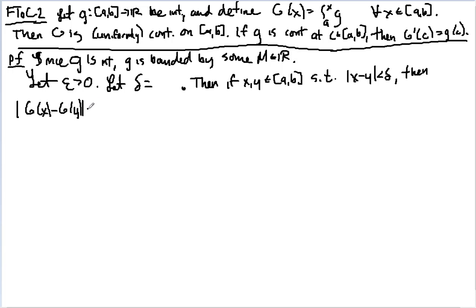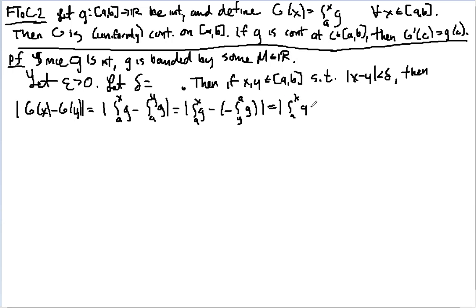Big G of x minus big G of y is equal to the integral from a to x of little g minus the integral from a to y of little g, which equals, if you just do a little bit of work with integrals, which I suppose I may as well show you, the integral from a to x of g minus a negative, I can switch the limits of integration, so it equals the integral from a to x of g plus the integral from y to a of g.